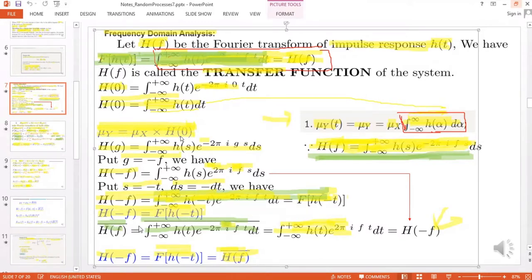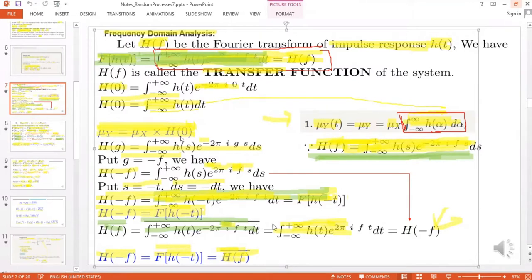Then we calculate the complex conjugate. This bar above is representing the complex conjugate, so we take the complex conjugate on both sides. We know that H(f), the transfer function, is defined by the integral from minus infinity to plus infinity of h(t) e raised to power minus 2 pi i f t dt. Here e raised to power minus 2 pi i f t is the kernel of the Fourier transform, and h(t) is the function, because we are taking the Fourier transform of h(t).